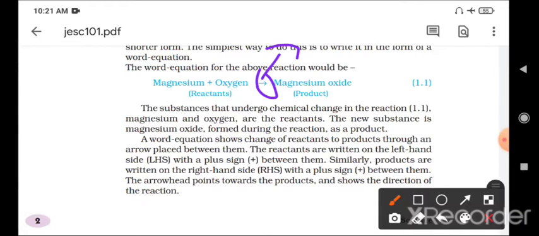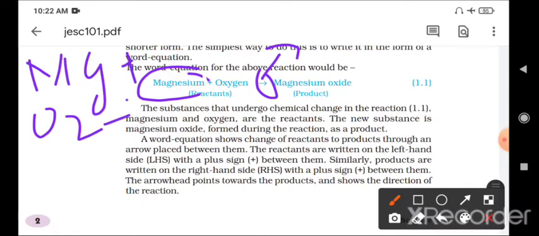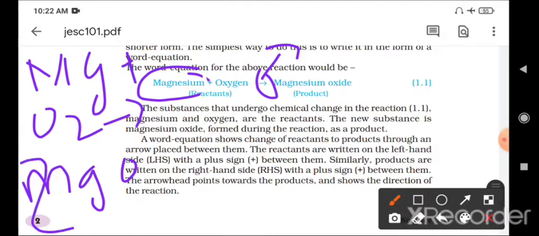The reactants are written on the left hand side, LHS, with a plus sign between them, for example Mg plus O2. In between we have to write the plus sign.